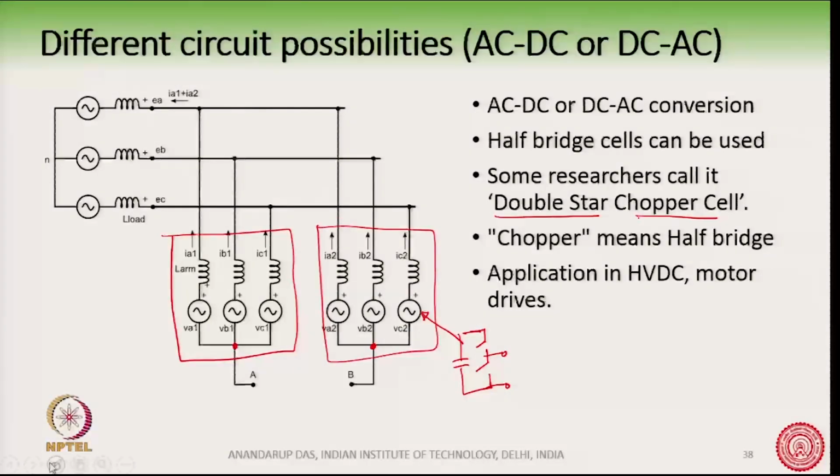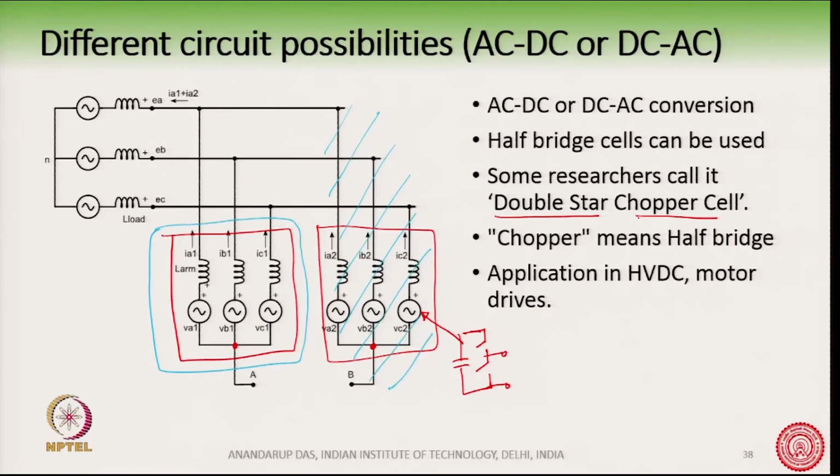In the cascaded H-bridge converter, we actually had only this much, only one of these. The second one was not there. This second controllable voltage source was not there. So, you can see that if I just erase this part, this was not there in the cascaded H-bridge.